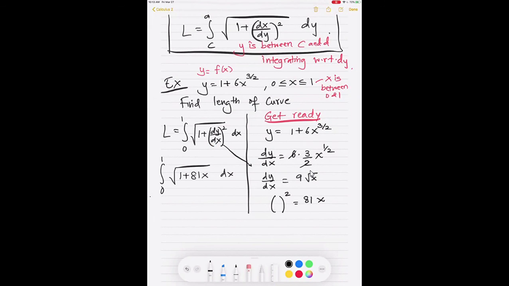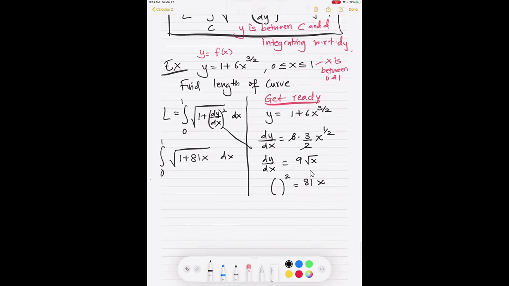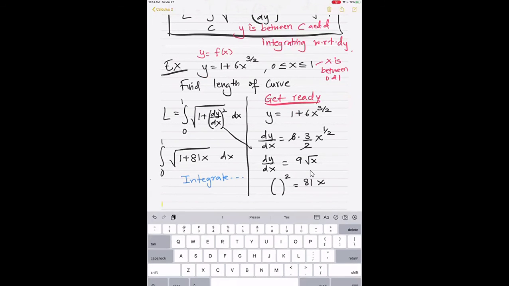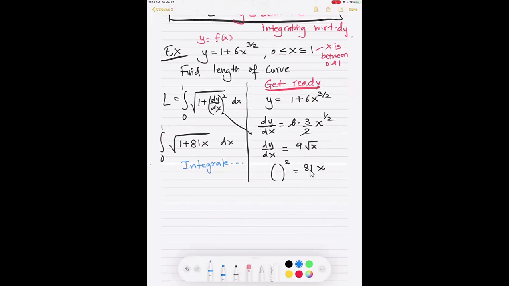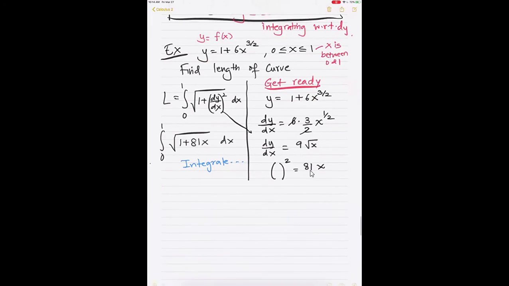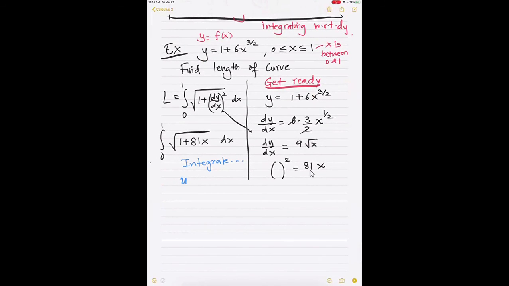Everybody there? Yep, makes sense to me. Great. So now we just have to integrate. Tell me, what would we use? I'm going to say u equals 1 plus 81x.